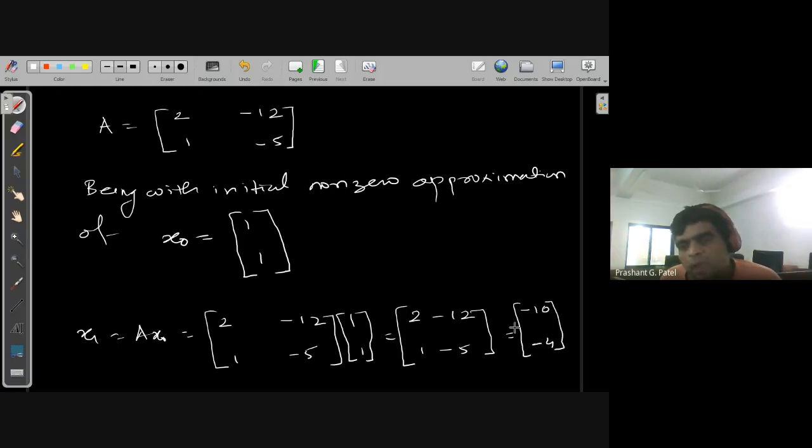If we take out minus 4 from this, this gives me minus 4 into (10 by 4, which we can write as 2.5, and 4 by 4, which gives me 1). So we have 2.5, that is 10 by 4, and 1. This is the first approximation.